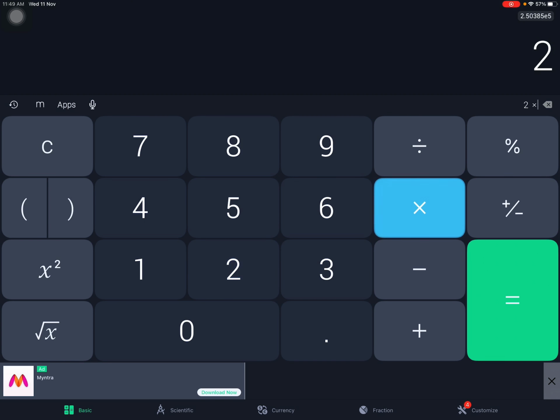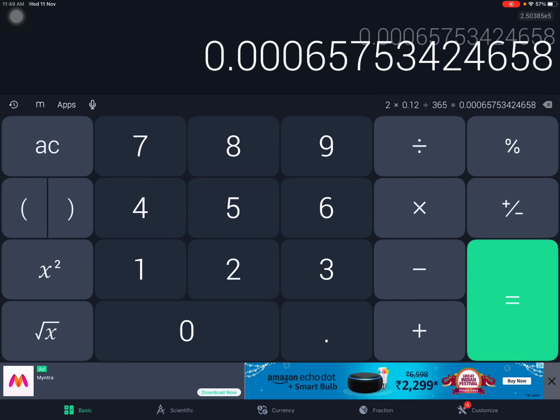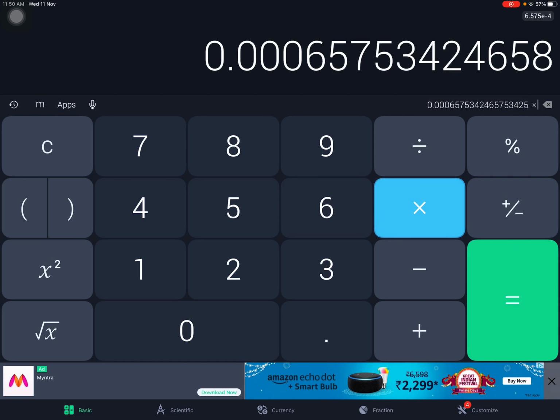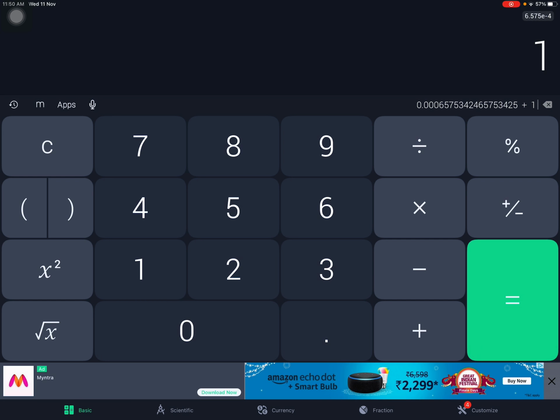Then plus 1, sorry, not multiplication, plus 1.